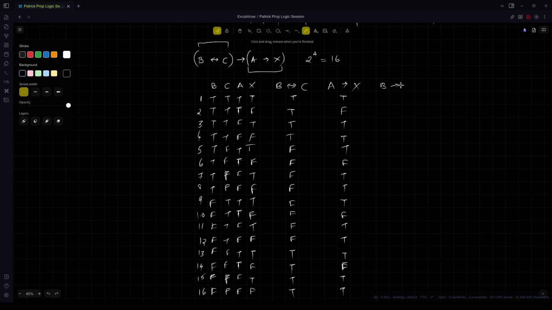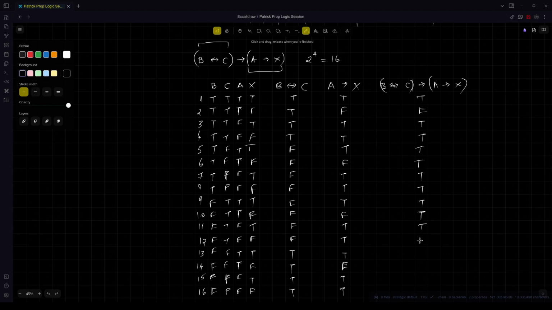So now between them we have another conditional, the material conditional. So true, false, true, false.